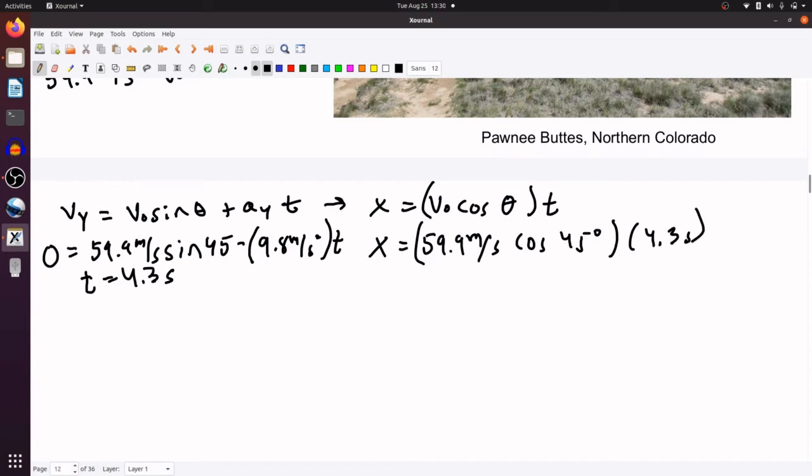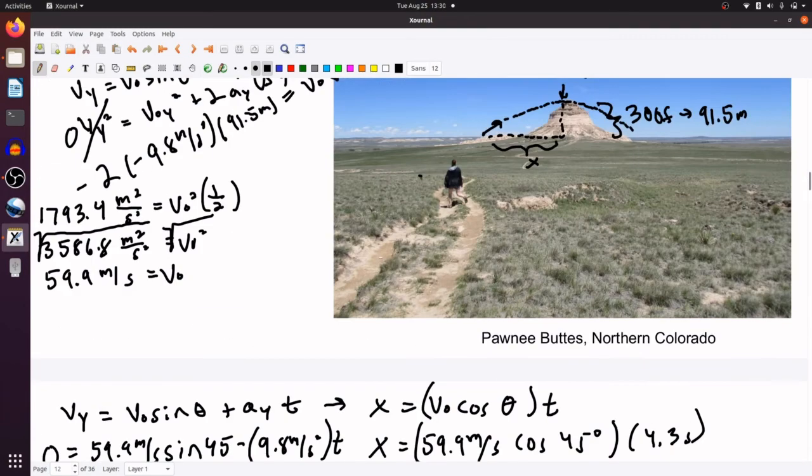Multiplying that, 59.9 times the cosine of 45 times 4.3, gives 183 meters. Pretty far away. You can kind of think of a meter as a little bit bigger than a yard, so like 2 football fields. Probably not going to happen. All right, so the horizontal distance is going to be 183 meters.